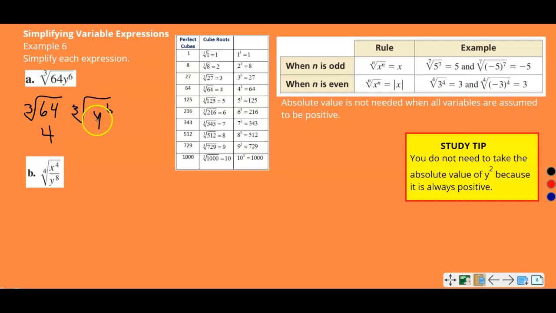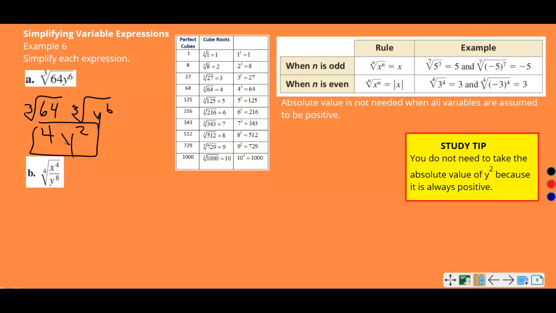So you could rewrite this as y to the 6th times the 1/3 power. So 1/3 of 6 is 2. So you're just going to have y squared as your answer there. Now, we don't have to worry about absolute value in this case because anything squared is positive, and this is not underneath the radical sign. So for this one, you're going to have 4y squared, and you're done.